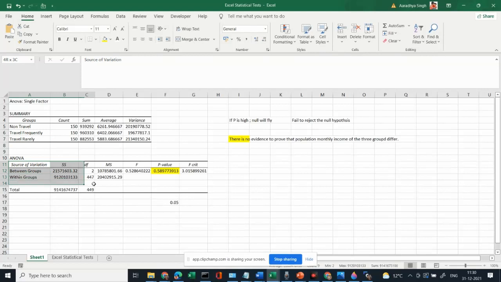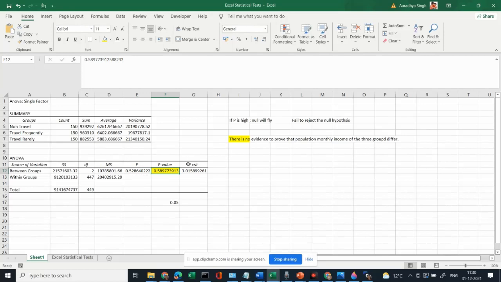What you see here is the result of ANOVA, basis which the p-value has been determined. This p-value is in relation to the F statistic that has come here, which is 0.52. When we convert this F statistic value to equivalent p-value, it comes to 0.58.